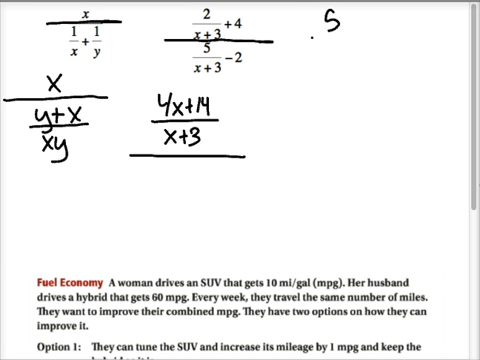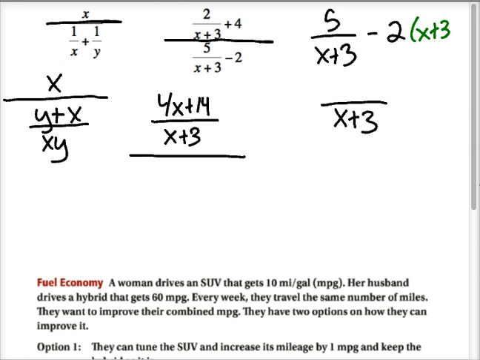Now I'm going to focus on that denominator. Now again, the 2 isn't even a fraction. So what that means is it's not contributing to a common denominator at all. So if it's not contributing to it, that means it is the only thing missing something. So I'm going to have to multiply it top and bottom by x plus 3.